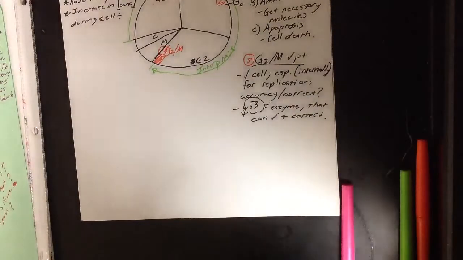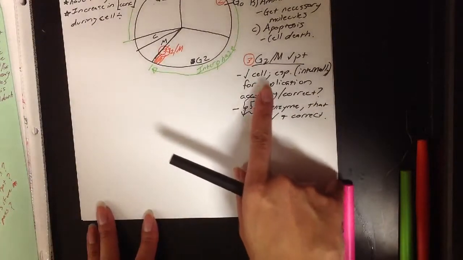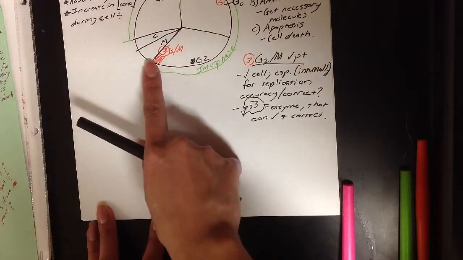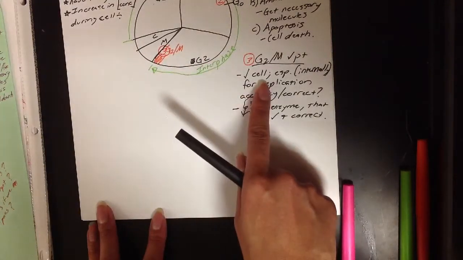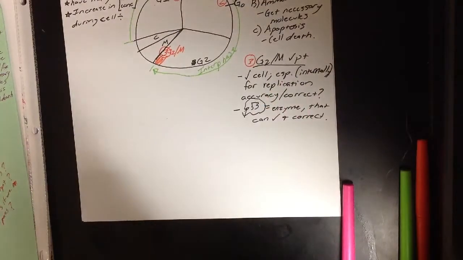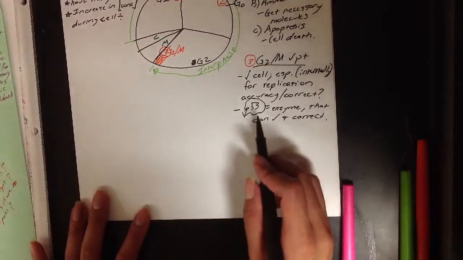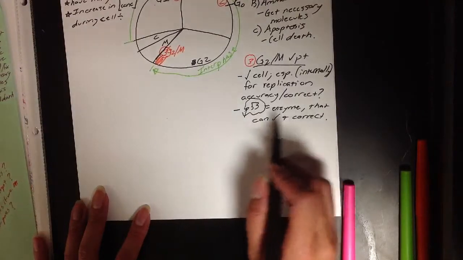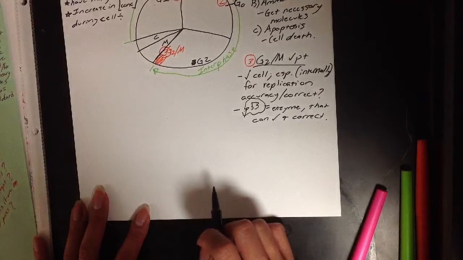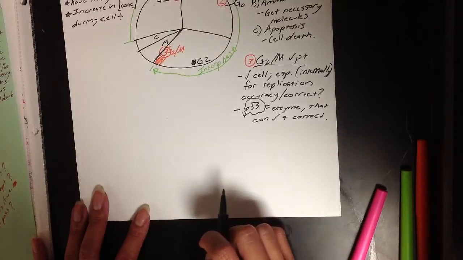So at this third checkpoint, when we are in the G2 phase and about to move into mitosis, we're going to have the cell check itself, especially internally, for replication accuracy and has that occurred correctly. We're going to have a group or an enzyme or protein known as P53 that can check and correct any mistakes that occurred during replication.